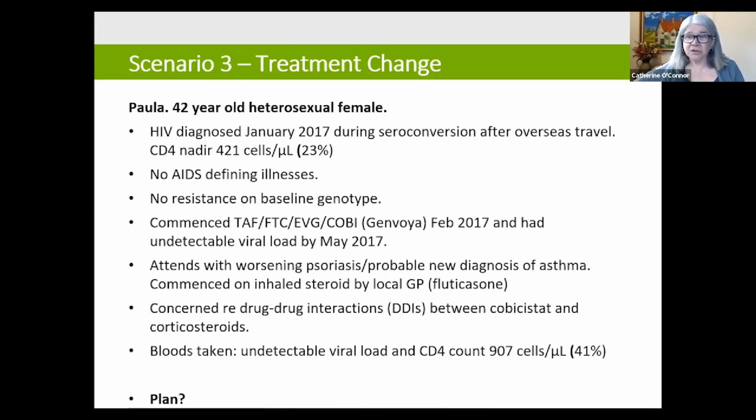It also includes elvitegravir, which doesn't have as high a barrier to resistance as some other integrase inhibitors, such as dolutegravir and bictegravir. So I would be wondering whether Genvoya was the appropriate choice.